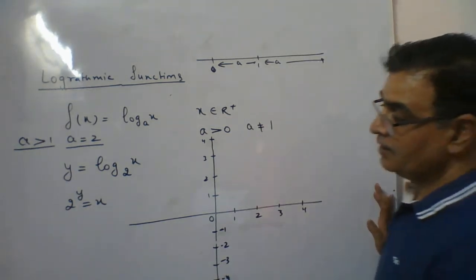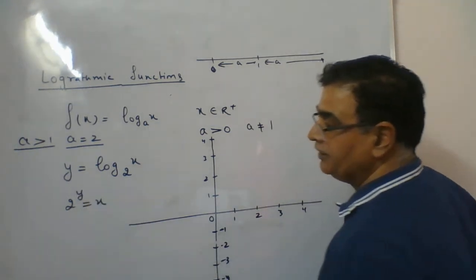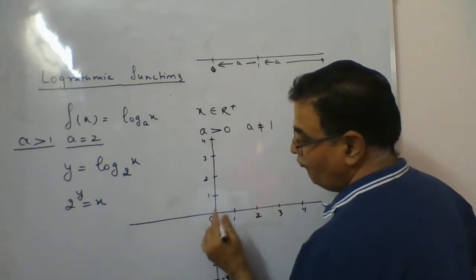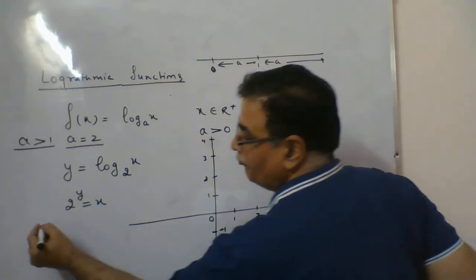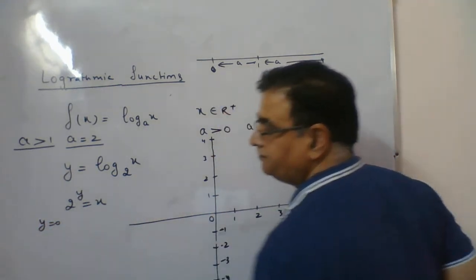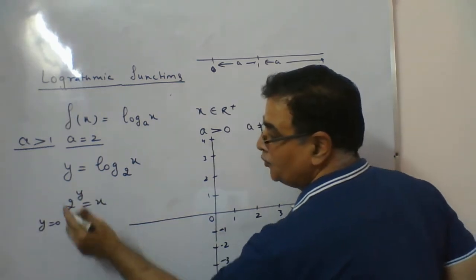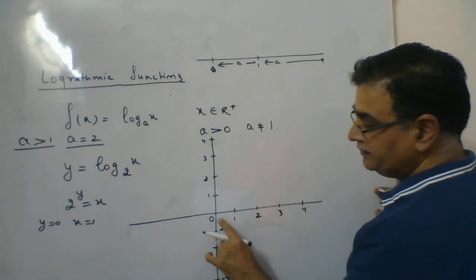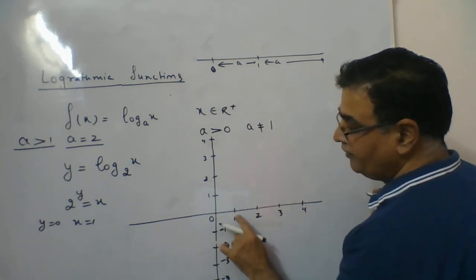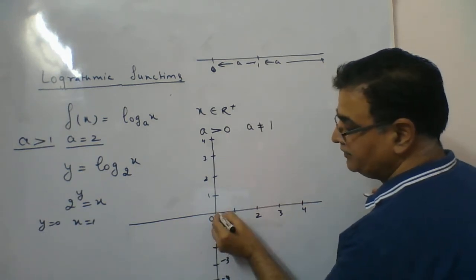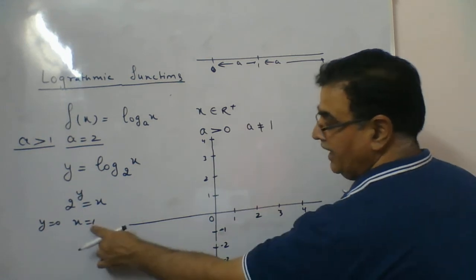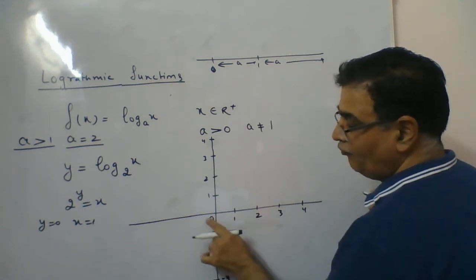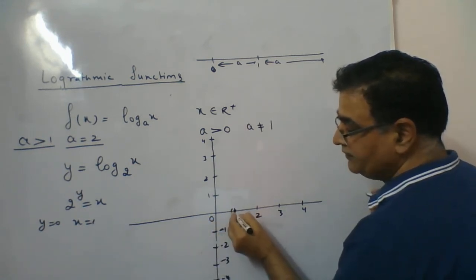Now we start with putting values of y. The first value of y is 0. When you put y as 0, that means 2 to the power 0, so clearly x comes out to be 1. That means the point will be (1, 0), somewhere here.